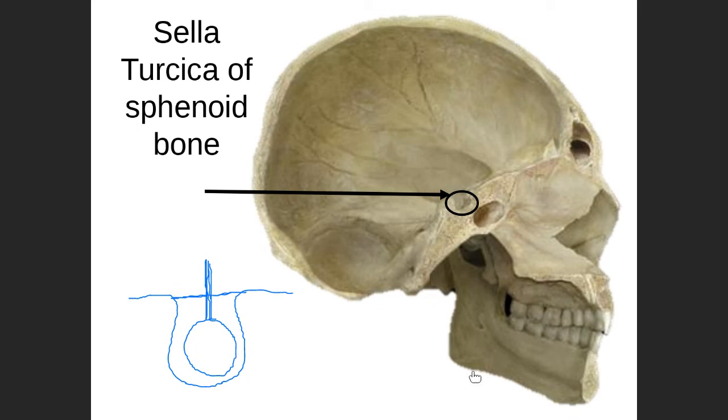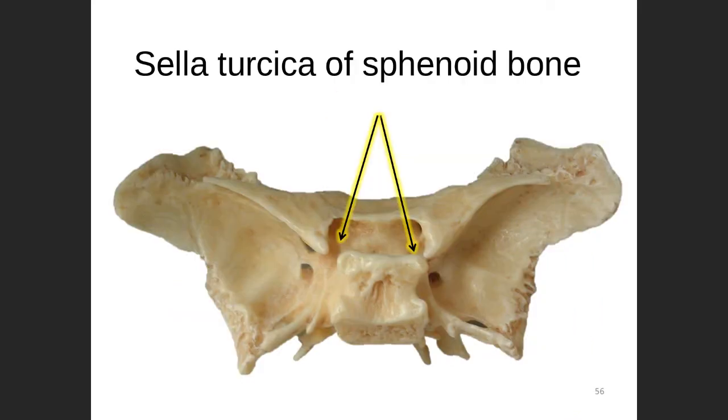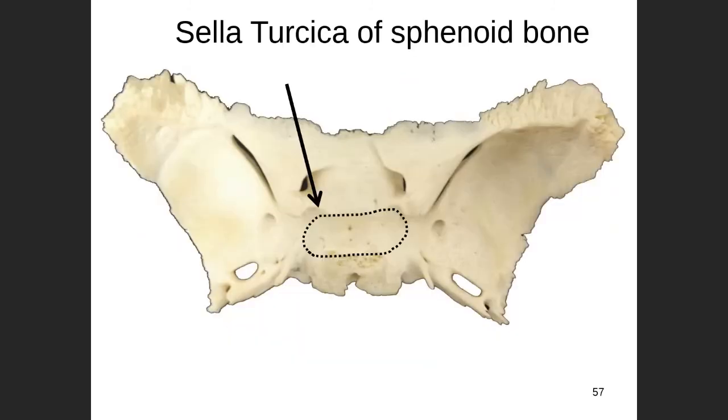Okay? So here you can see the Sella Turcica on this model. And this is the Turkish saddle right in here. I'll show you on this model here that's in your atlas. So that kind of depression there, highlighted by that dashed black line that the arrow is pointing to, that is the Sella Turcica.